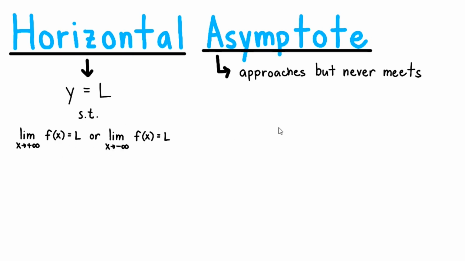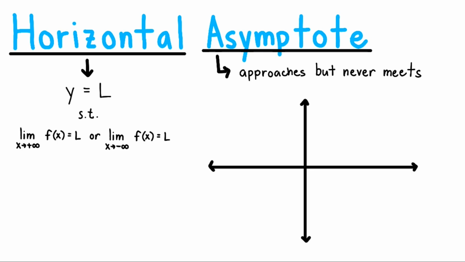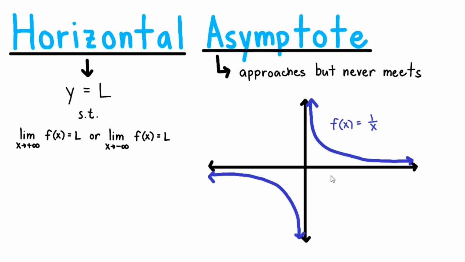To understand this better, let's view it in a graph. Let's use the function that we had earlier, f of x equals 1 over x. We know from a while ago that the limit as x approaches positive infinity of f of x is equal to 0.